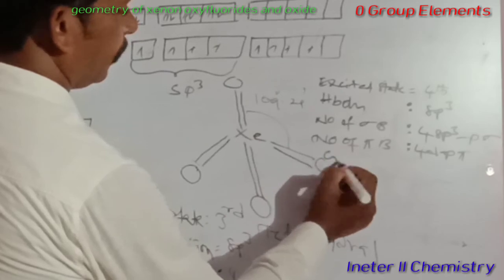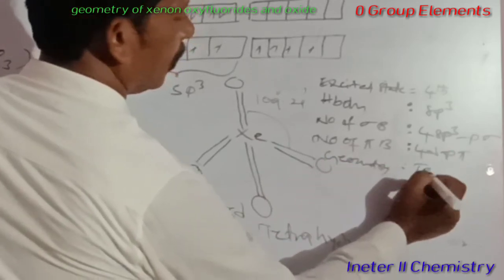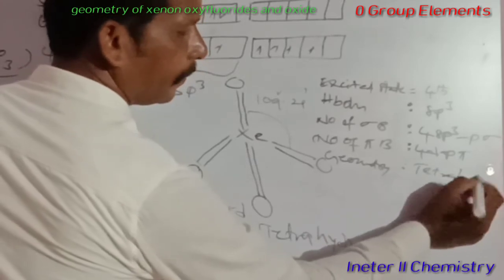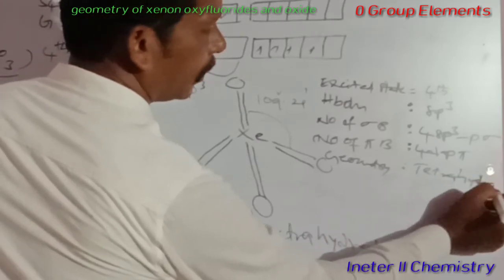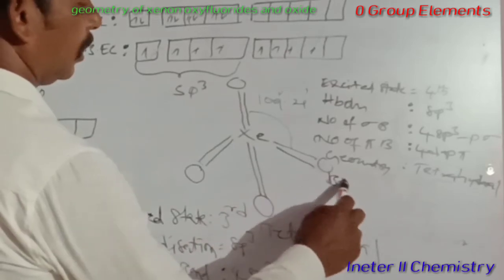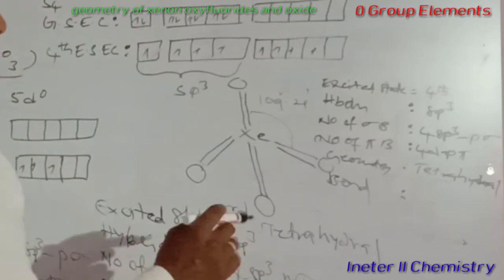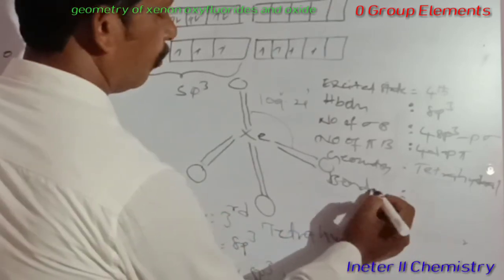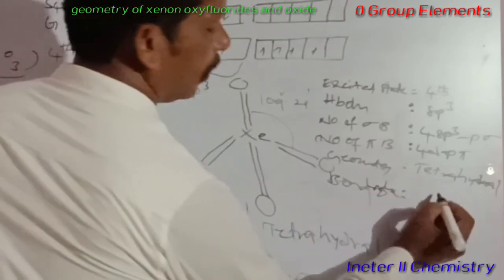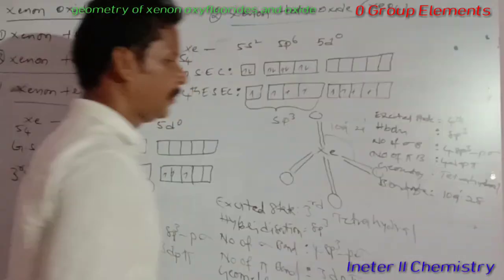The geometry is tetrahedral geometry. So we can write the bond angle. If it is specific, only then you have to write. If it is not specific, you need not write it here. Bond angle, here it is 109 degrees 28 minutes.